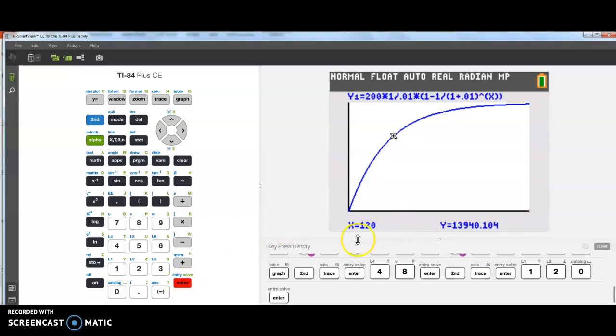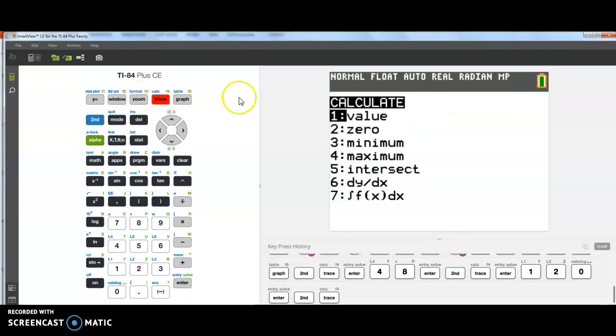And if I want 120 withdrawals, I need to invest $13,940.10. So both of those answers I get directly from my calculator using the second and the trace to get to the calculate menu. So second, trace, calculate, and asking it to calculate a value for me.